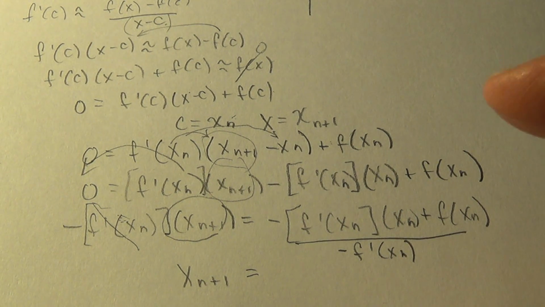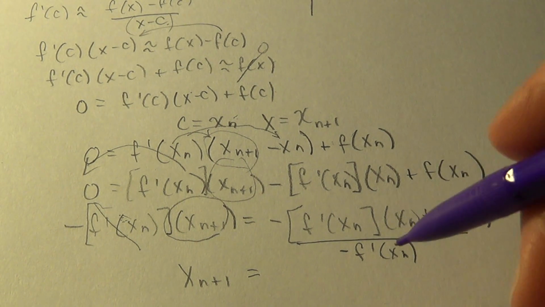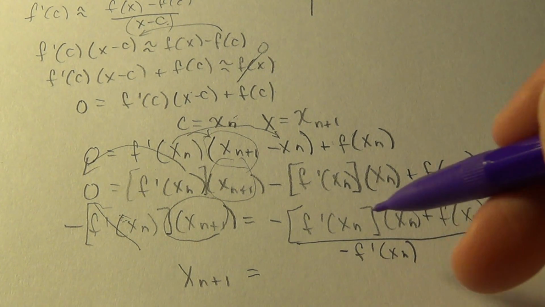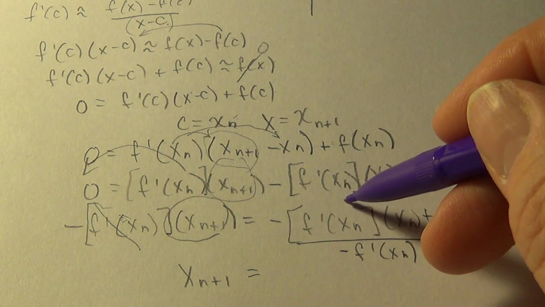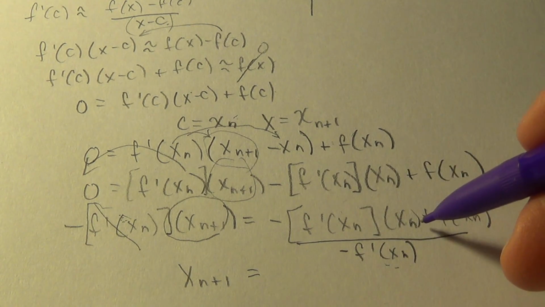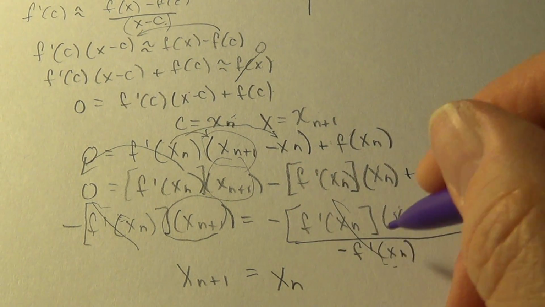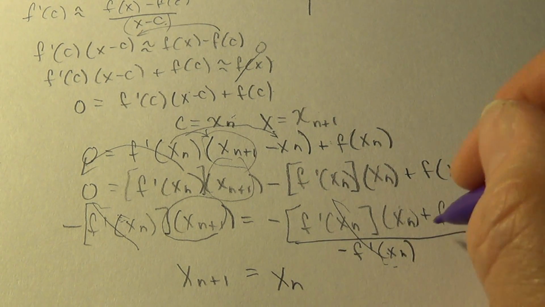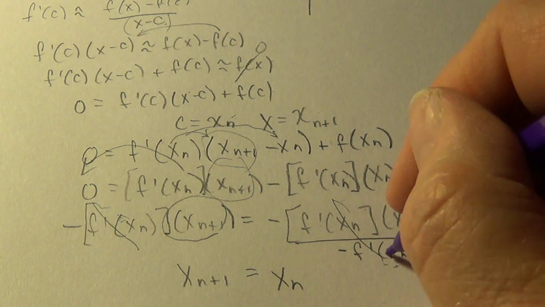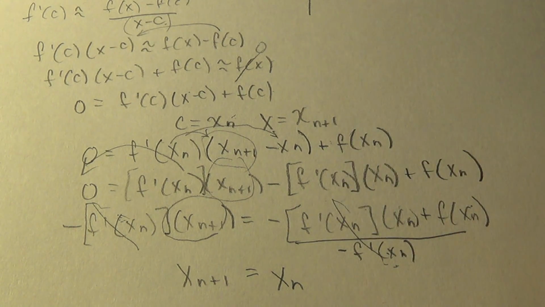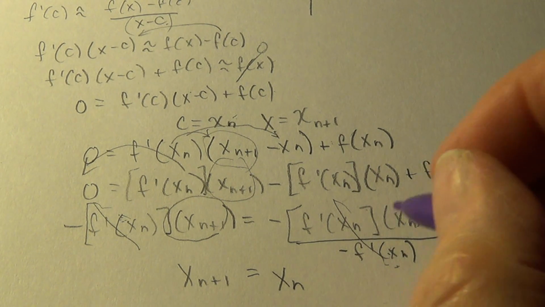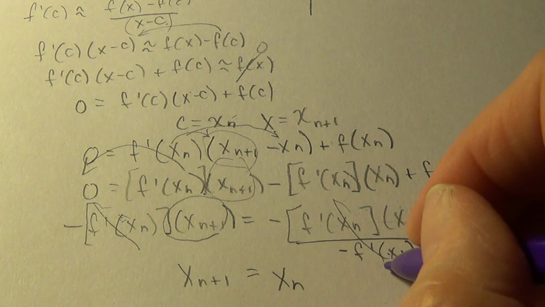All right, so simplifying as I see, these will cancel in this term, leaving x sub n. But when I divide by here, these are two terms, so I have to divide each by that. I shouldn't really cross that out at this point. Hopefully you can follow. I'm dividing this term by this.